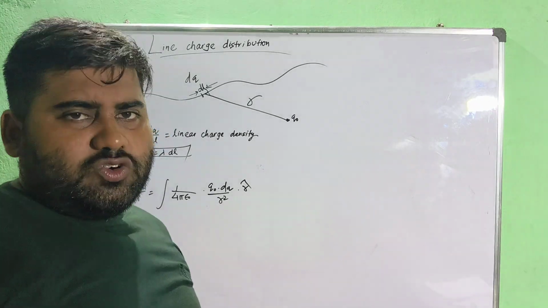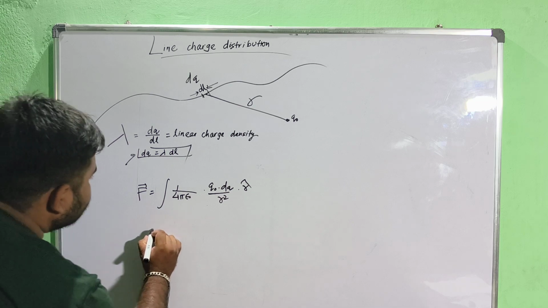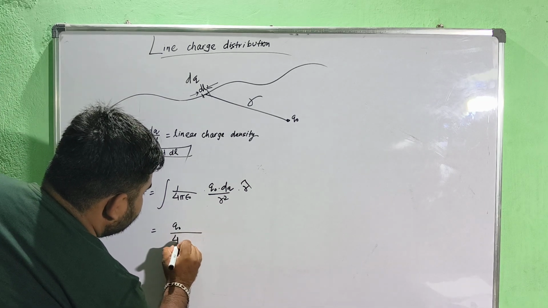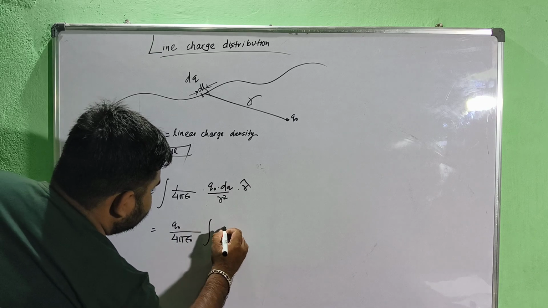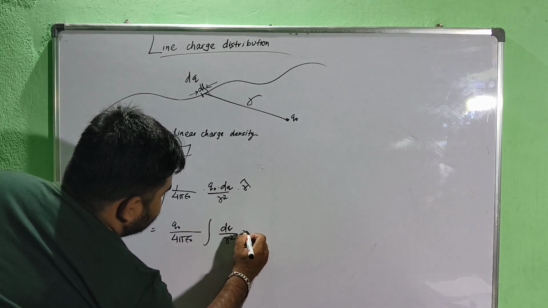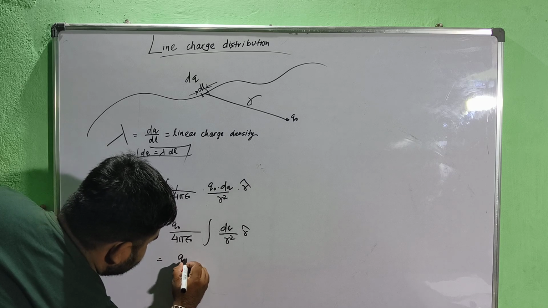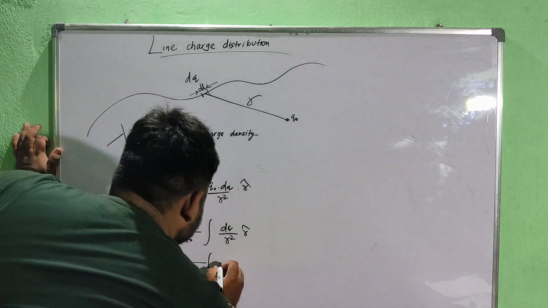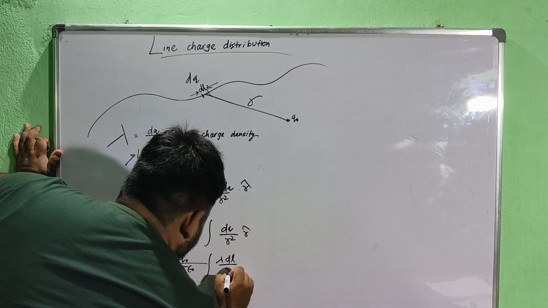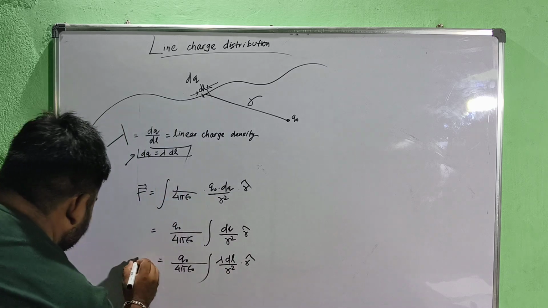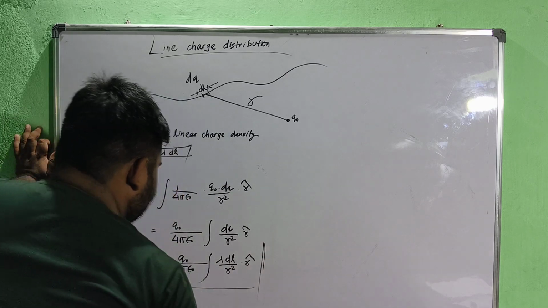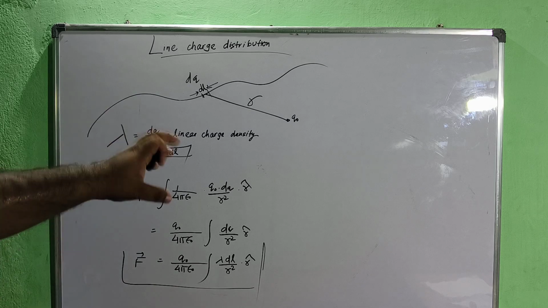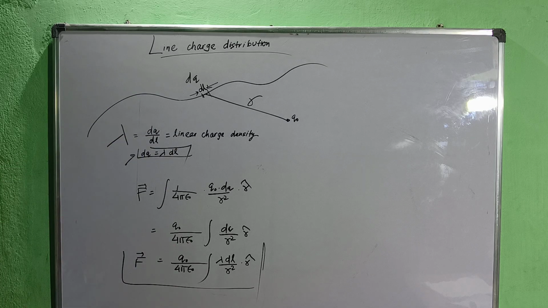Let's take out the constant terms: q naught by 4 pi epsilon naught, and then dq is equal to lambda dl by r square r cap. It is the force on that charge q naught. And to find the electric field, just remove q naught and replace F by E.